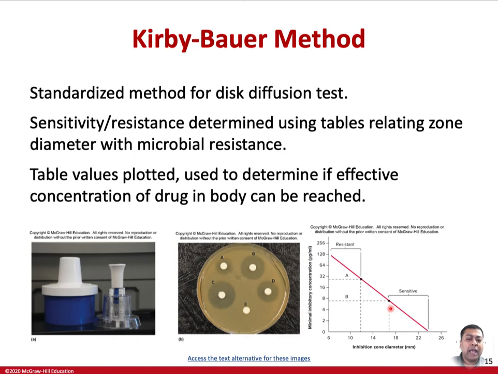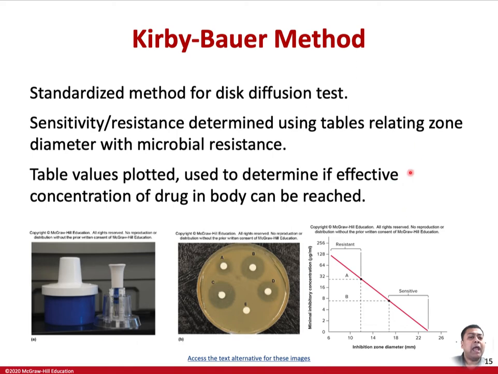So the zone diameter in between 12 and 17 indicates intermediate sensitivity and usually signifies resistance, whereas anything above the inhibition zone of 17 millimeter is basically the sensitive concentration of the particular antibiotic. So this is how the Kirby-Bauer method, using the diameter of the zone of inhibition, is plotted. We can just measure the effectiveness of this drug.